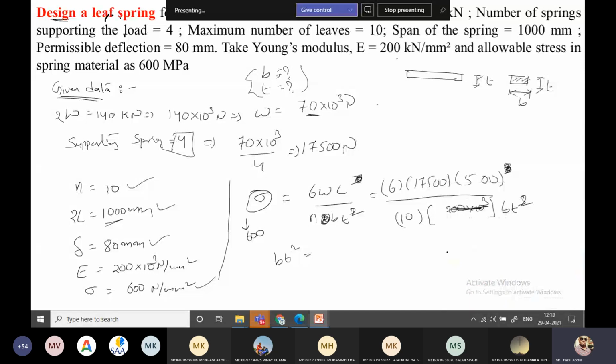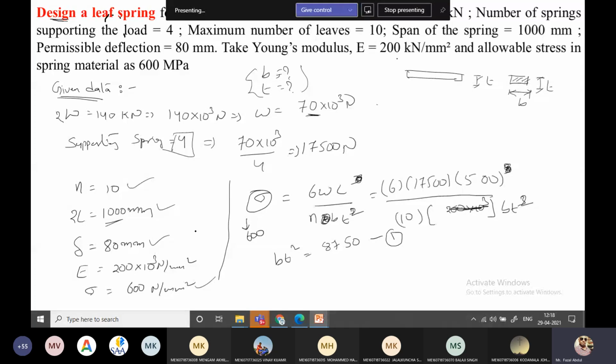Total, how much, Babu? 8750. This much we got. Now consider this as equation number 1.